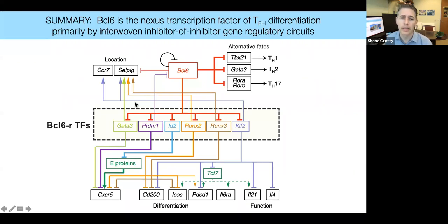It also explains, I think, how if there's dysregulation in this process in vivo, you can get TFH cells that have aberrant phenotypes because they may end up having disruption of essentially one of these transcription factors and therefore have, for example, a shift in cytokine production, but not other functionalities.